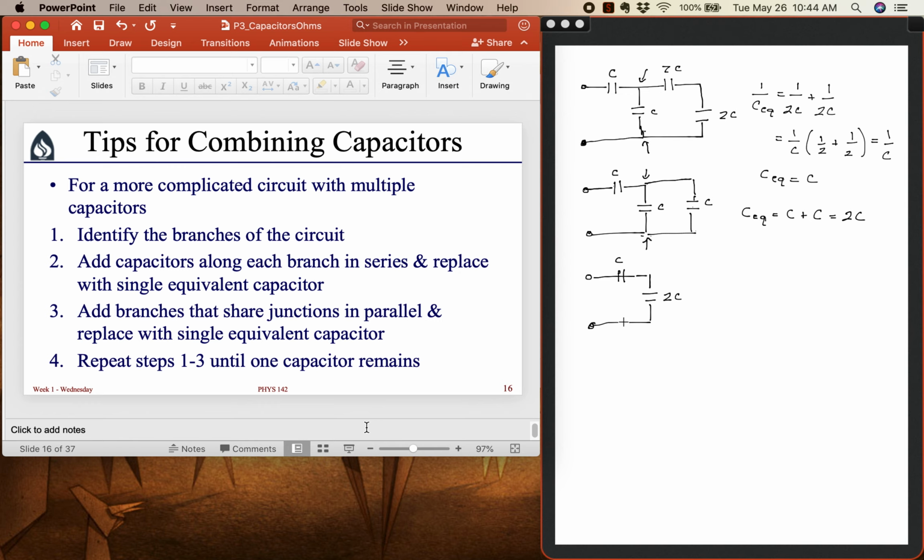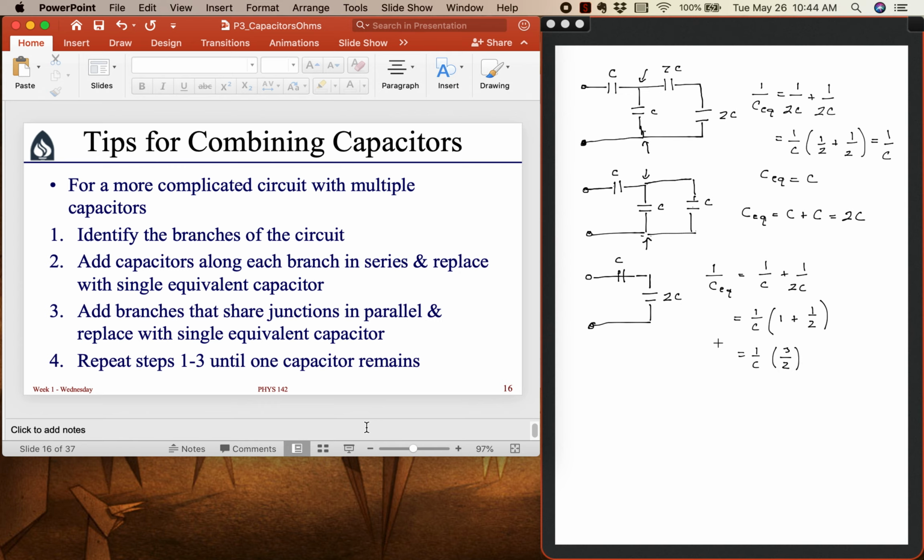Add the capacitors along this branch in series. Okay, so this capacitor is now in series with this one. They're one right after the other, so I have to add them in series. So 1 over C equivalent is going to be equal to 1 over C plus 1 over 2C. If I factor out a 1 over C, then that's equivalent to 1 plus 1 half, which is equal to 3 halves.